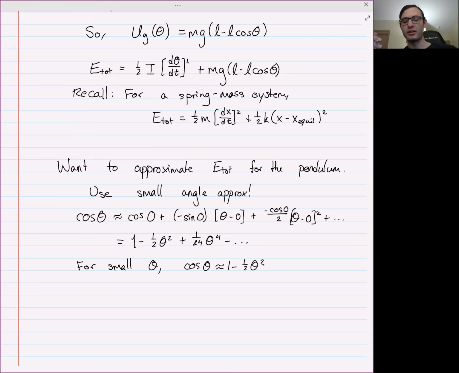The reason we're keeping the second term, whereas for the sine we just kept the first, is that if we only keep the first term for the cosine, it tells us there is no dynamics at all, that the potential energy doesn't change at all. So we want to keep enough terms so that it still changes without making it overly complex. That's why we keep up to this first non-constant term. And you'll find that we do this a lot for Taylor series. And so we plug in.